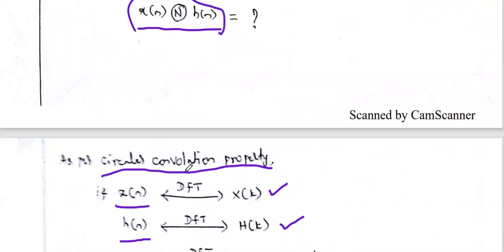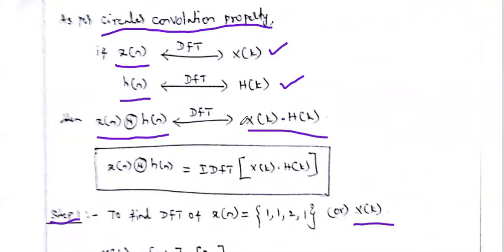As per the convolution property, this product is nothing but the DFT of the convolution of the two sequences. In reverse, if you take the DFT of the circular convolution of x of n with h of n, you get the multiplication of these two. So the inverse DFT of X of k into H of k gives the result x of n convolution with h of n.